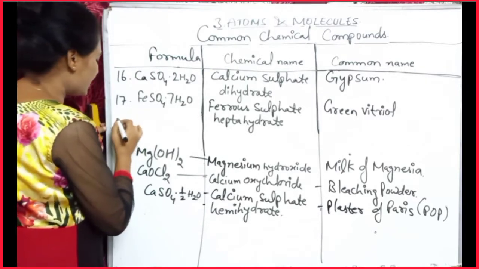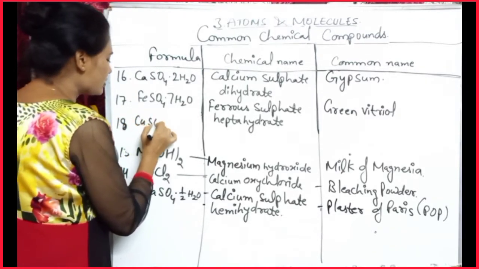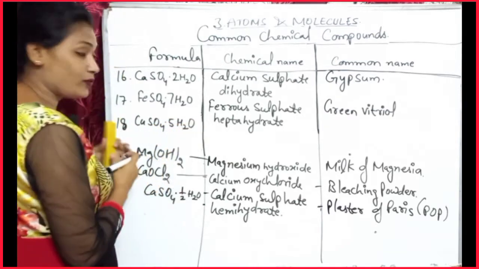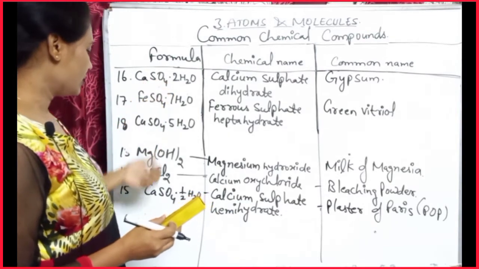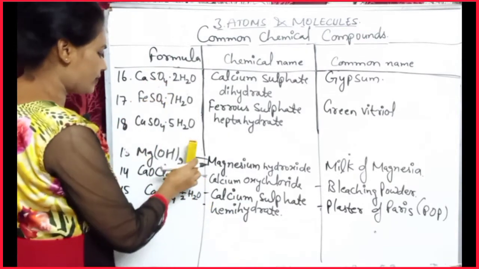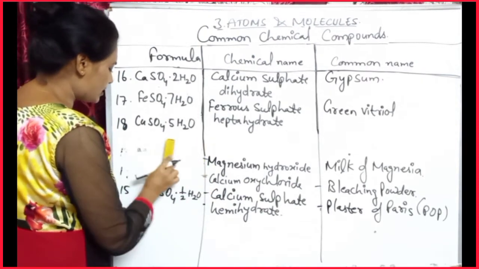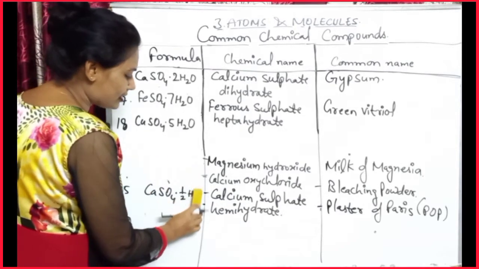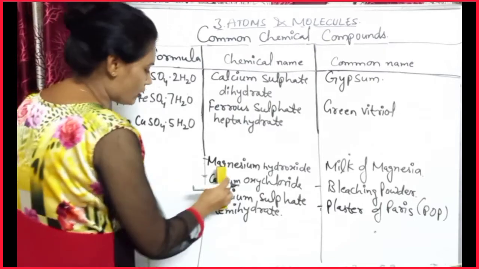Next is, we can take CuSO4 dot 5H2O. Please confirm it, this is copper and this is calcium. That we have done earlier, those were calcium compounds, but this is a copper compound. It is also in crystalline form and its color is blue, so it is also known as blue vitriol.